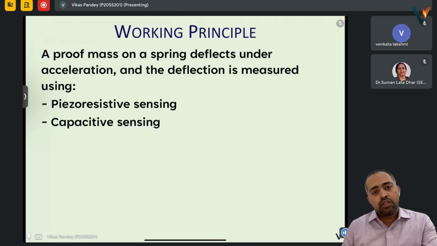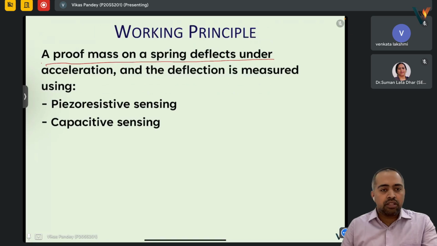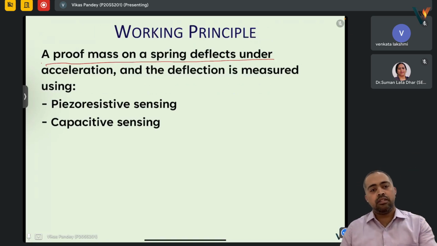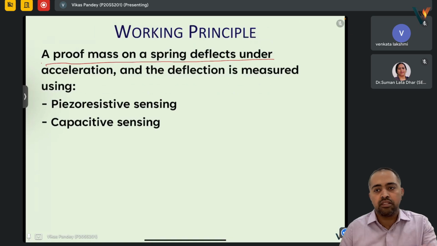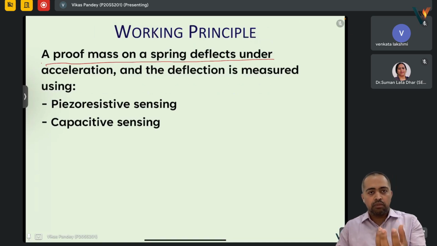So the working principle is a proof mass on a spring deflecting under acceleration. A mass hung by a spring, when there is acceleration, a change in velocity. If it is going with a constant velocity, it will remain as such.